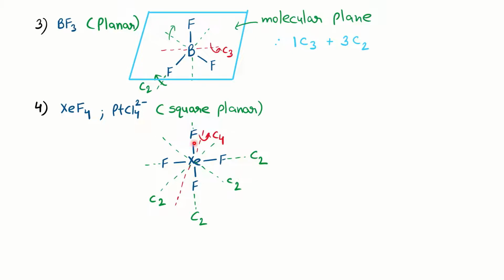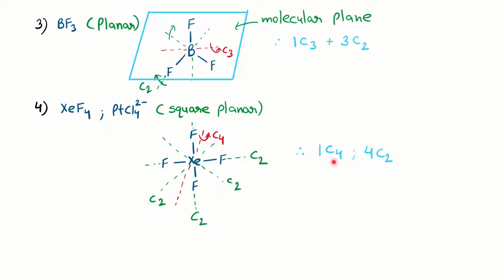Similarly you have the vertical line, one C2 axis, and 2 more C2 axes are present which pass through xenon and between the 2 fluorine atoms, along the dihedral angle. So in total here 4 C2 axes are present, represented by the green line, and the principal axis of rotation is represented by the red line.